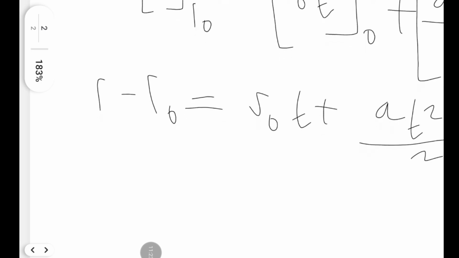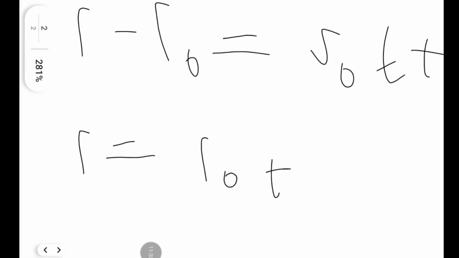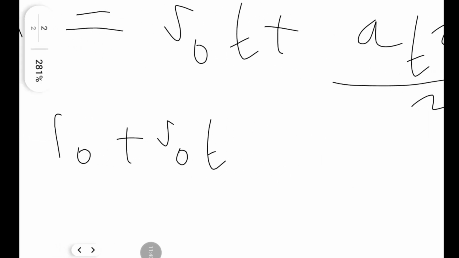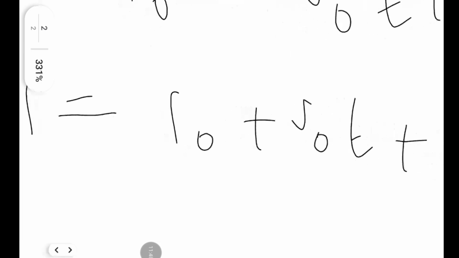If you want to get it into the actual famous SUVAT way, you want to get into r equals the initial displacement plus the initial velocity times by time plus a over 2 t squared. Now, in many problems, a might be equal to g.